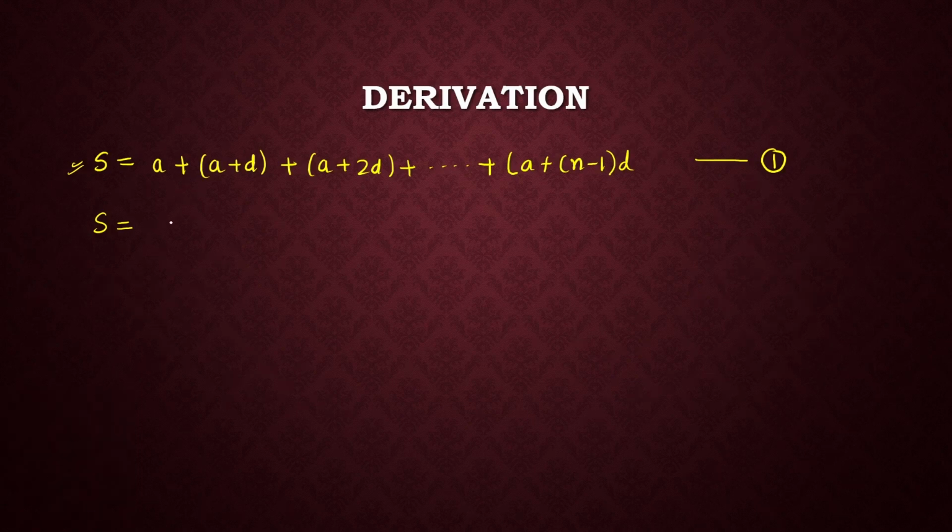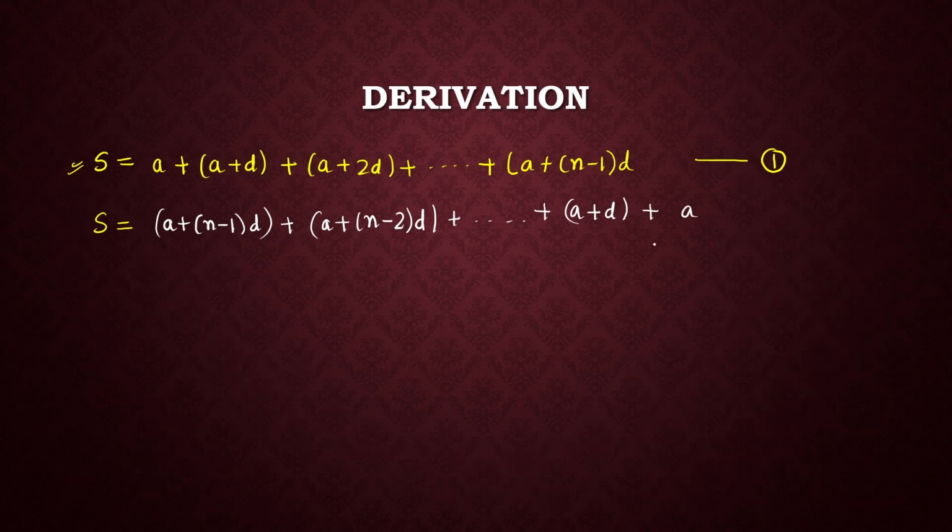So I'll start with a plus (n minus 1) into d, plus a plus (n minus 2) into d, and it goes on up till a plus d, plus a. So I've reversed the order and written the same thing. Now I'll consider this as equation 2.